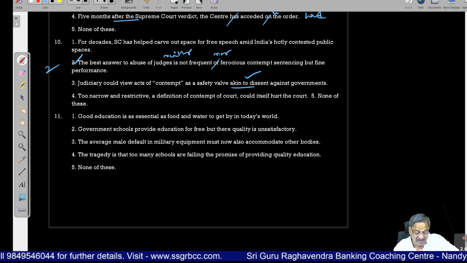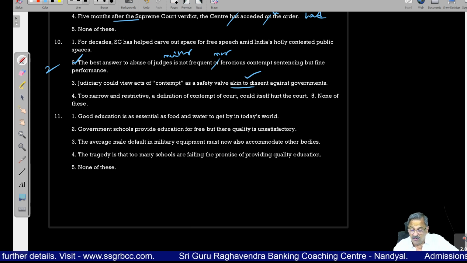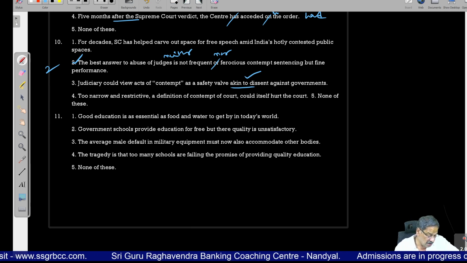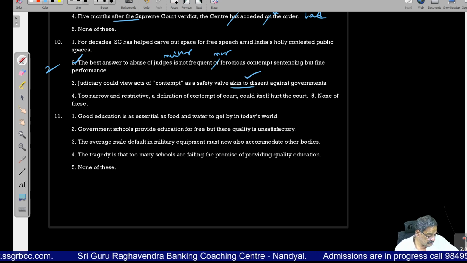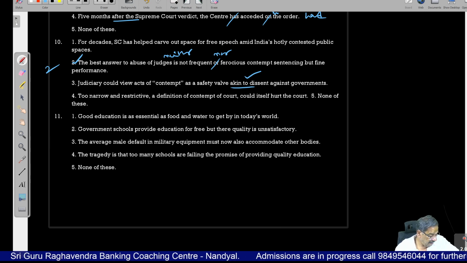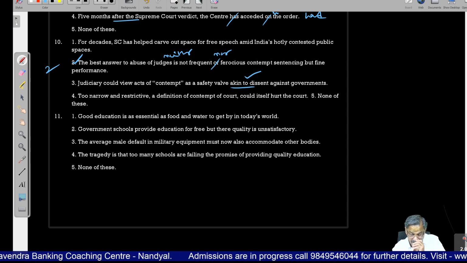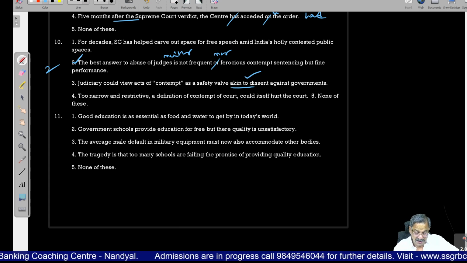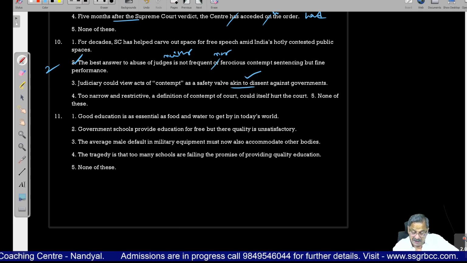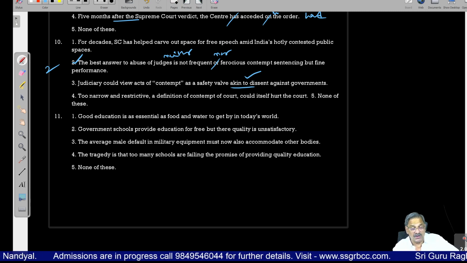The average male default in military equipment must now also accommodate other bodies. The tragedy is that too many schools are failing the promise of providing quality education.